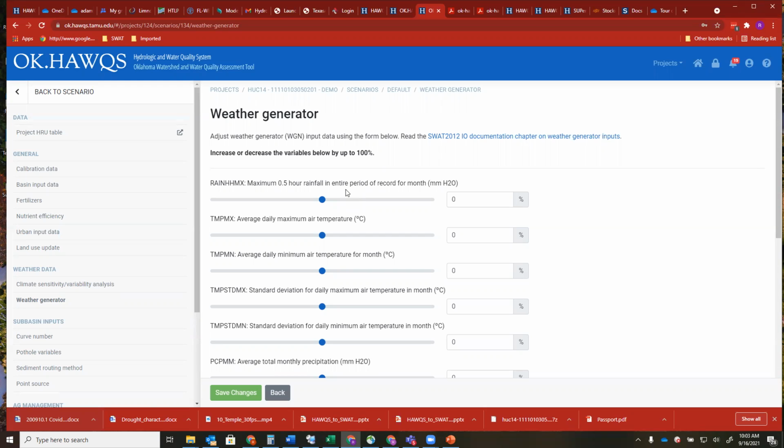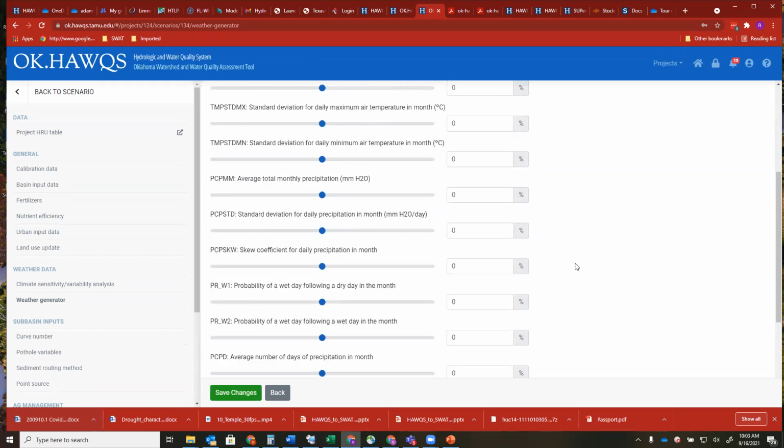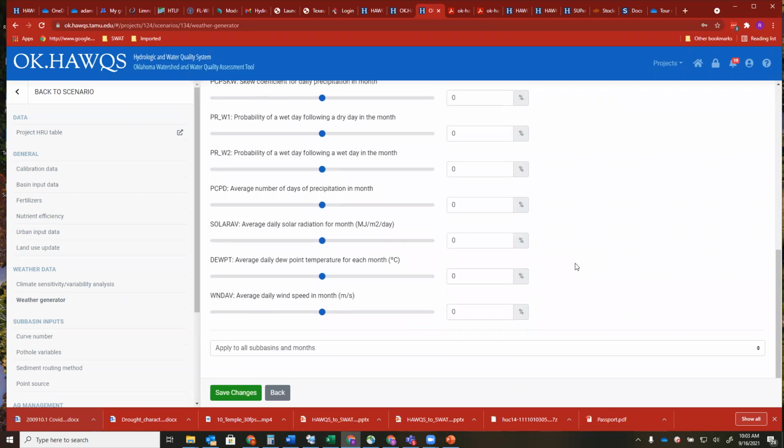That means your intensity is increasing, so you can adjust your rainfall intensity that way. Is it increased by percentage or by number? All those different things you can do. Same thing for temperature. All the weather variables you are allowed to modify and apply to specific months and specific subbasins and so on and so forth.